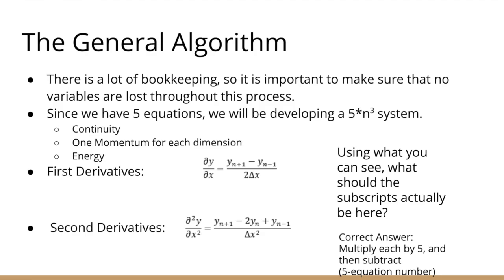So for example, continuity is equation 1, so 5 minus 1 is 4. Therefore, y n plus 1 would become y 5m minus 4 plus 5. So it's a little complicated, but don't worry. You do it once, it's like riding a bike.